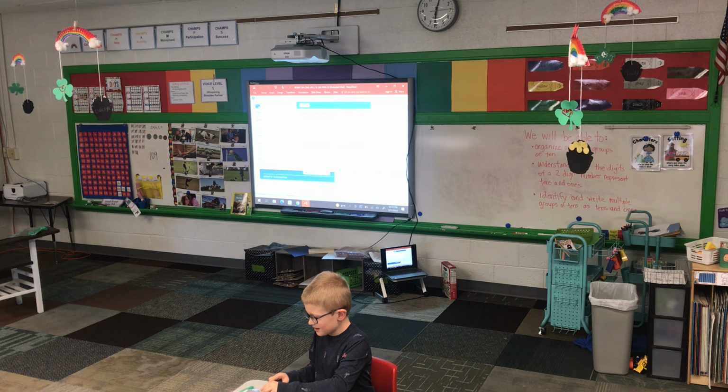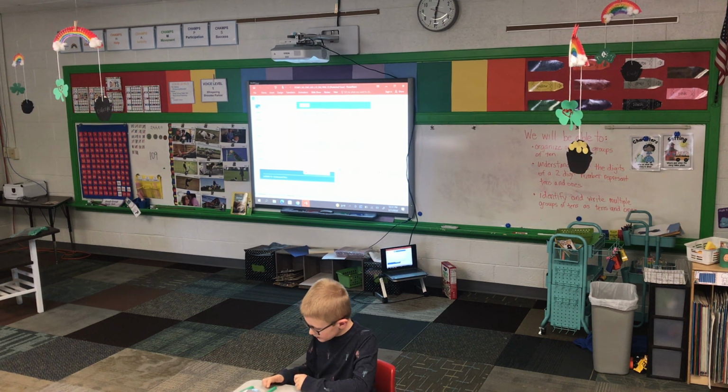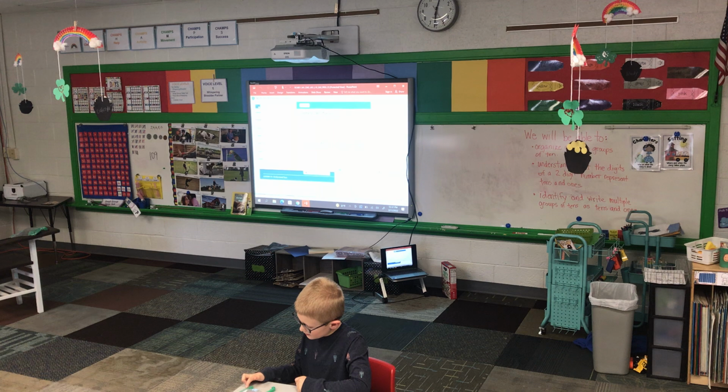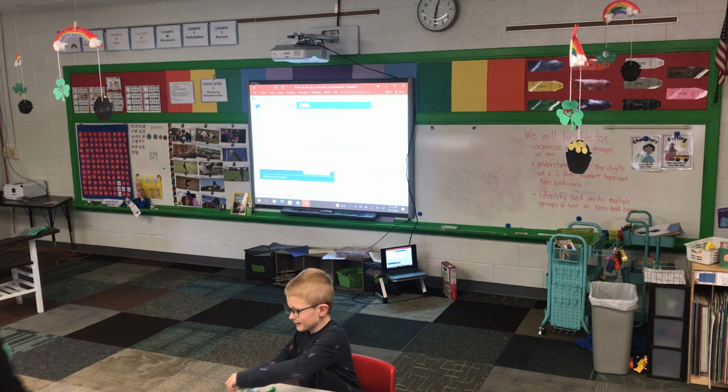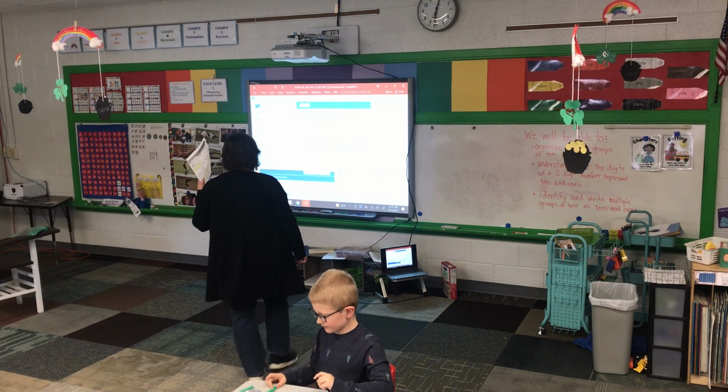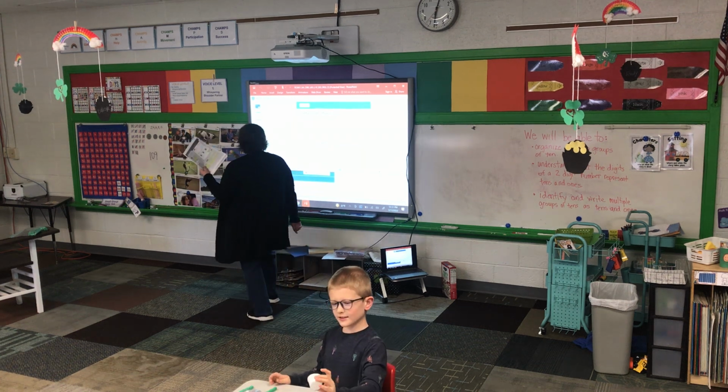How many did you have? How many cubes did you have? You were supposed to count them. Okay, your cubes should be in groups of 10 on your desk by the time you're finished with this problem.